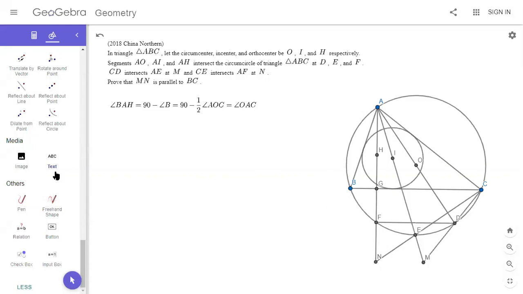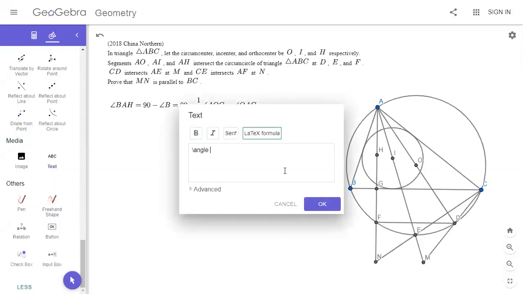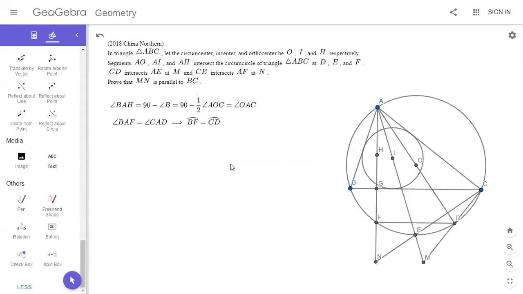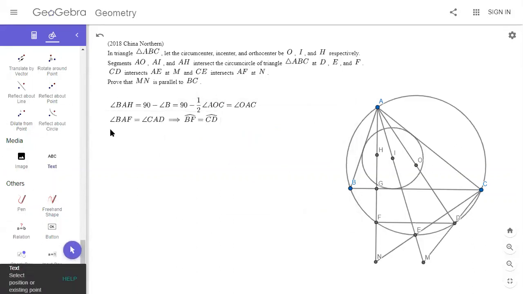So basically, that means arc BF has to equal arc CD. AE is an angle bisector, so E is the midpoint of arc BC.